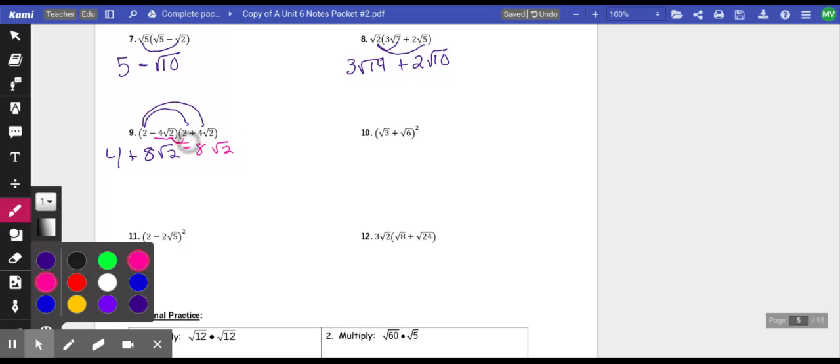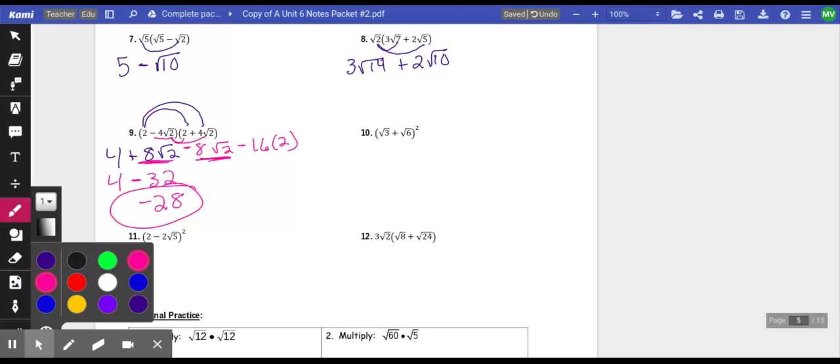Negative 4 radical 2 times 4 radical 2 is negative 16 times 2, because radical 2 times radical 2 is 2. Now, this is 4. I can combine 8 radical 2 and minus 8 radical 2. Those equal 0. So it's 4 minus 32, which is negative 28. That was kind of interesting.